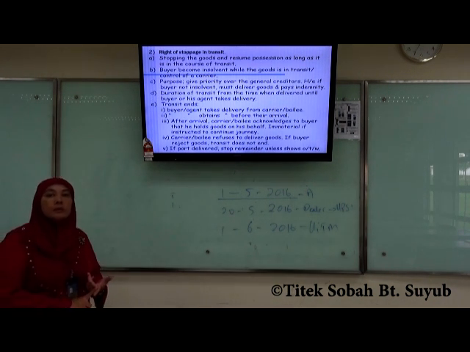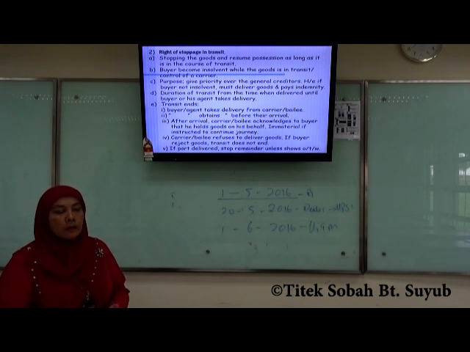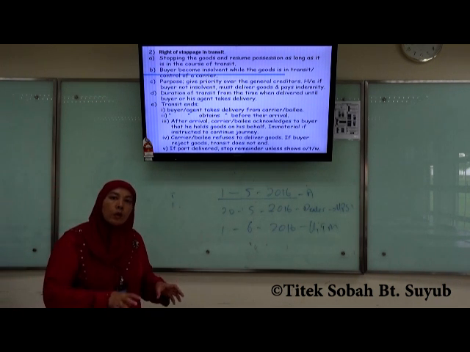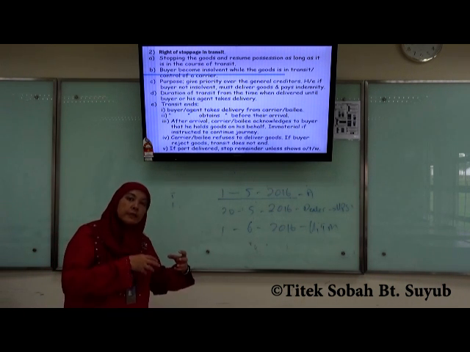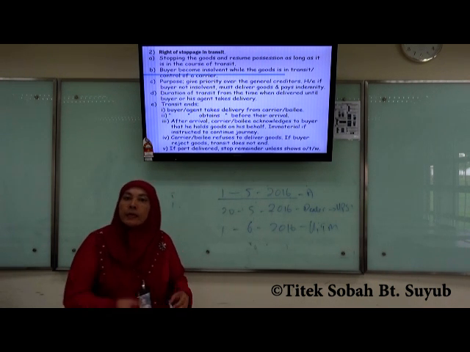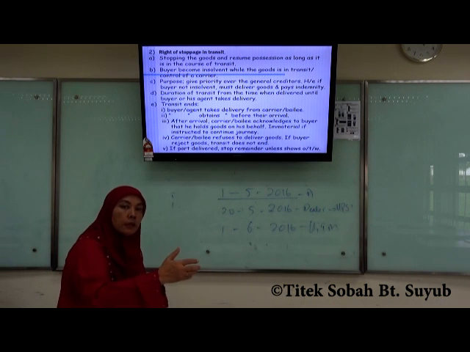So number 2, this is the right of stoppage in transit. What is this right? A right of lien is a right to detain goods which are with the seller. However, right of stoppage in transit is also a right to stop the goods from reaching the buyer.